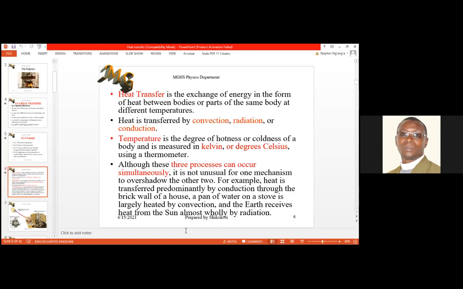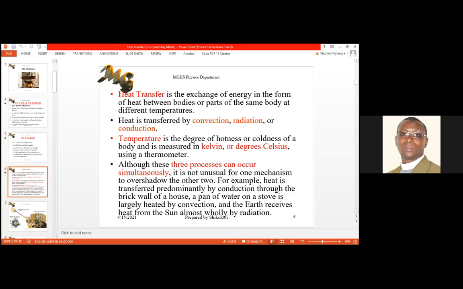For example, when you look at conduction, it is basically the form of heat in solids, and you don't expect that we will have convection in solids. With liquids, though they are poor conductors, we can have a little bit of conduction, and we can have the major or predominant form being convection. Okay?